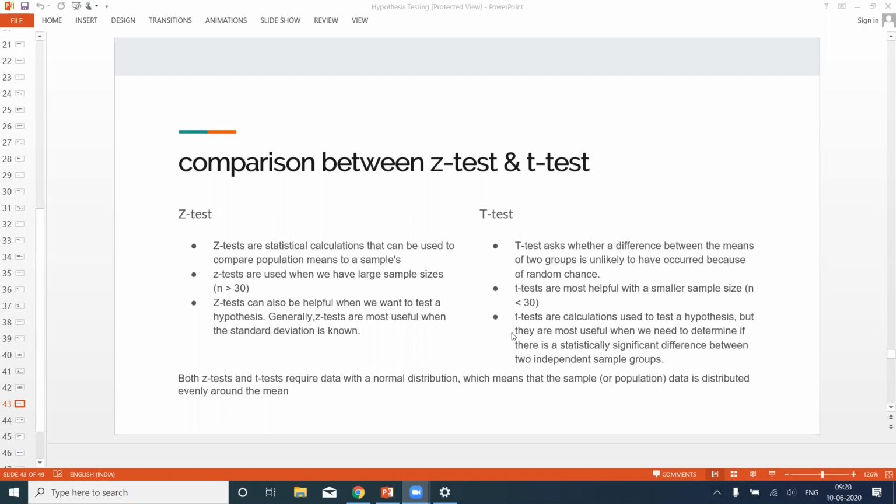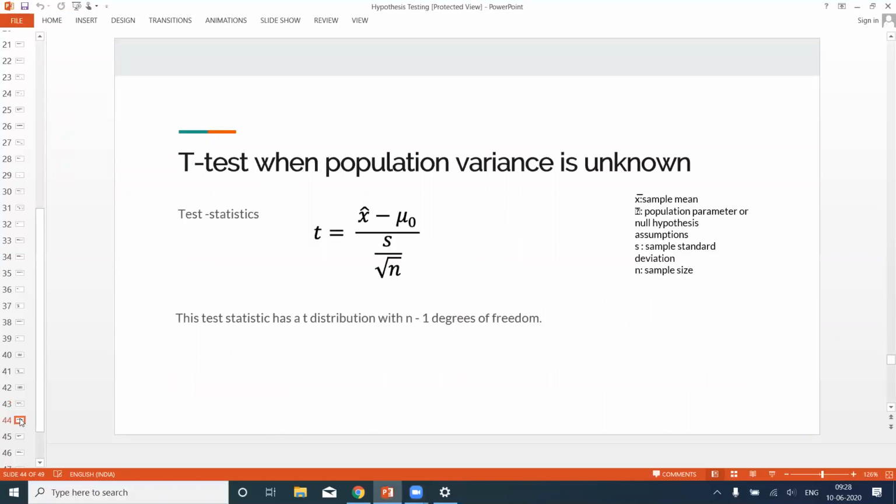And T tests are not just used for hypothesis testing. We also make use of the T test in order to evaluate certain differences between groups. That's basically an application of hypothesis testing. Let's go ahead and see a few of the above examples, the way we performed hypothesis testing using Z test statistics.